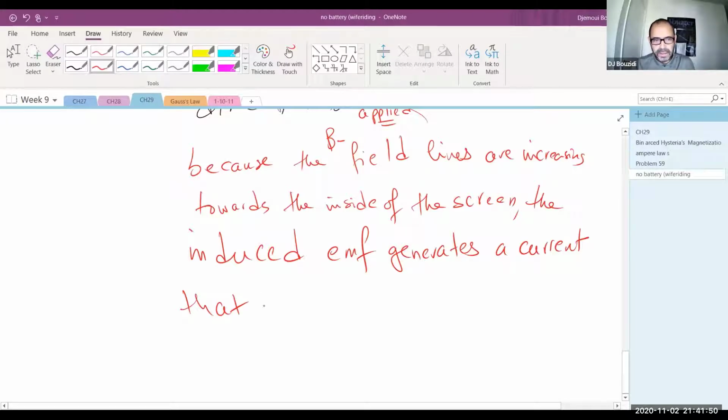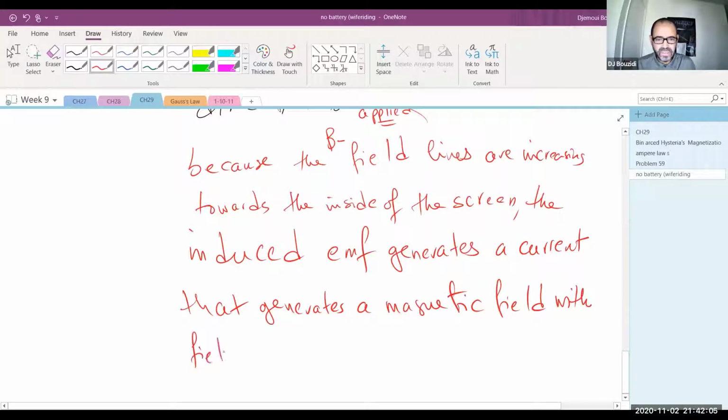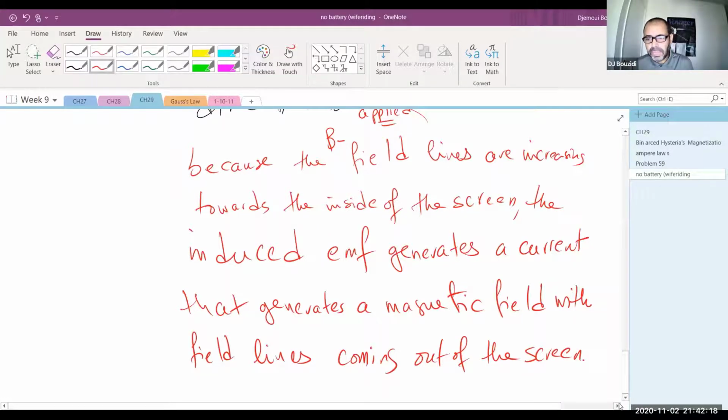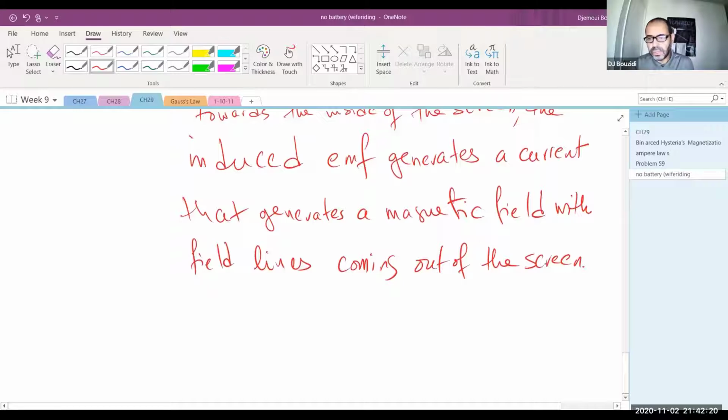So that generates a magnetic field with field lines coming out of the screen. To compensate, sorry, the statement is not complete yet.